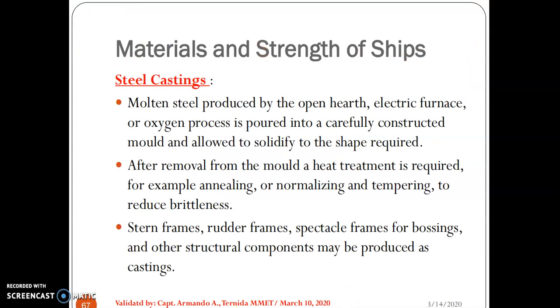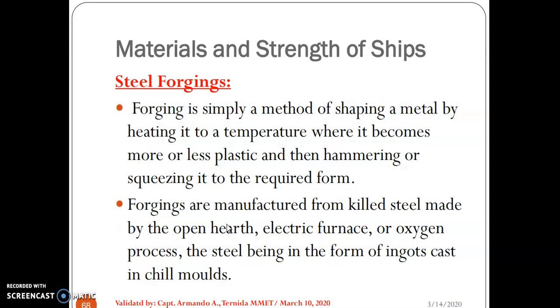Okay. Now, next is steel forging. Forging is simply a method of shaping a metal by heating it to a temperature where it becomes more or less plastic and then hammering or squeezing it to the required form.